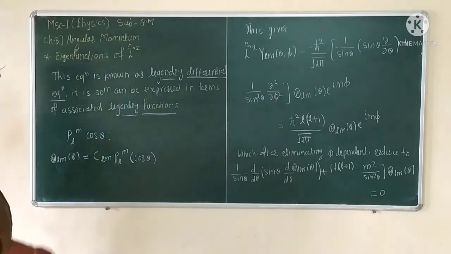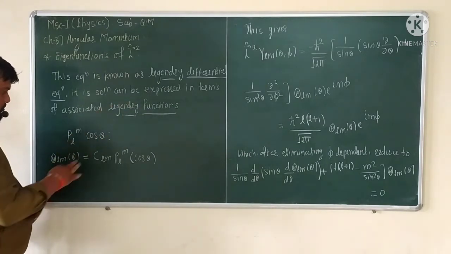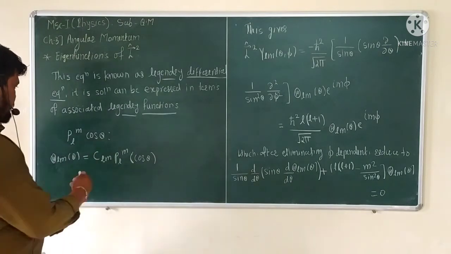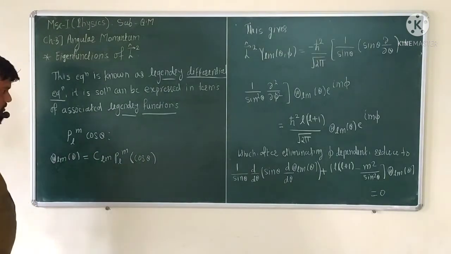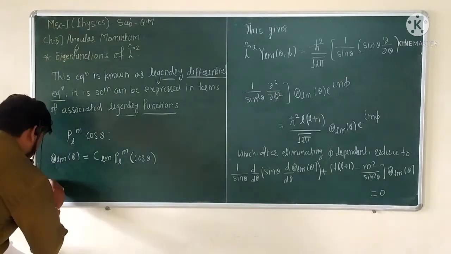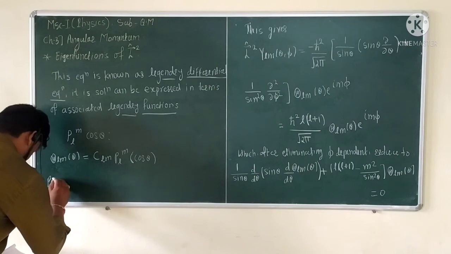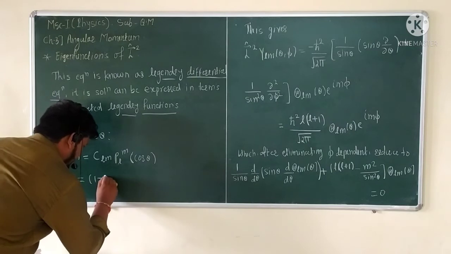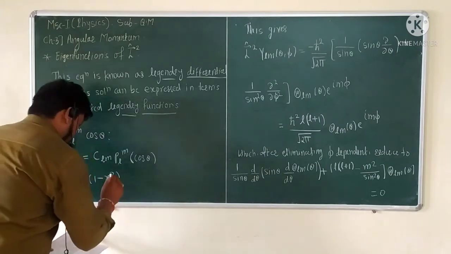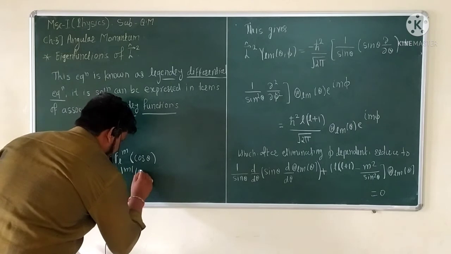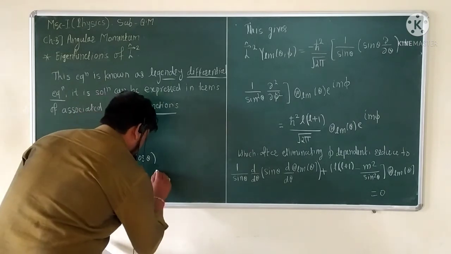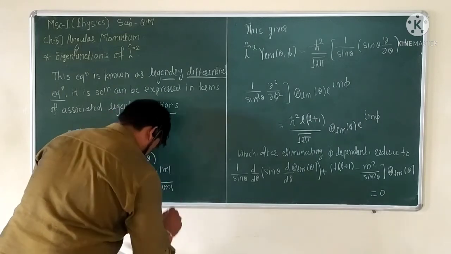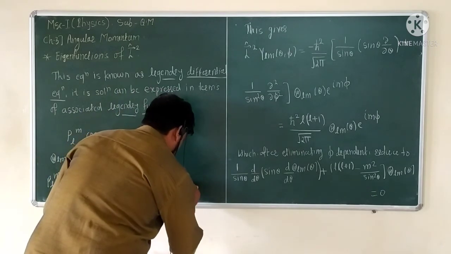Again, see that this Legendre function is defined in terms of some constant value times P_l^m of cos theta. If we solve this equation, it gives P_l^m of x equal to (1 minus x square) whole power mod m divided by 2, into d power mod m by dx power mod m of P_l of x.